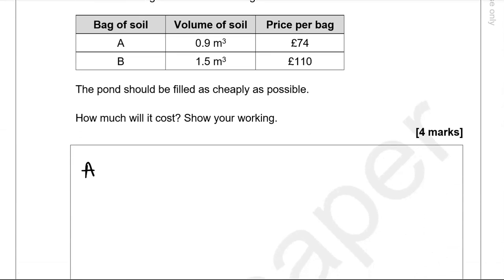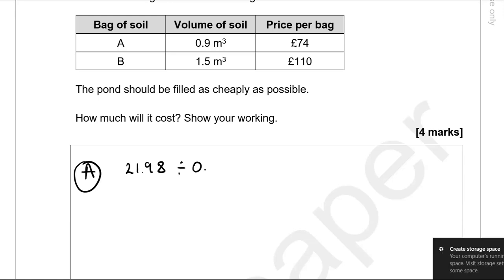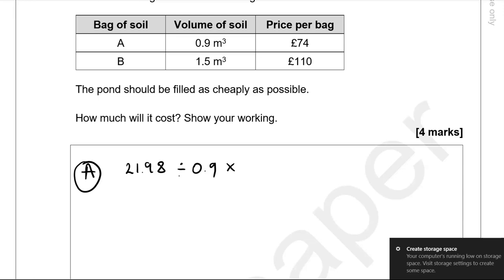If we go with A, then we're going to do 21.98 divided by 0.9 and multiply the answer by 74. If we go with B, we're going to do 21.98 divided by 1.5 and then multiplied by 110.